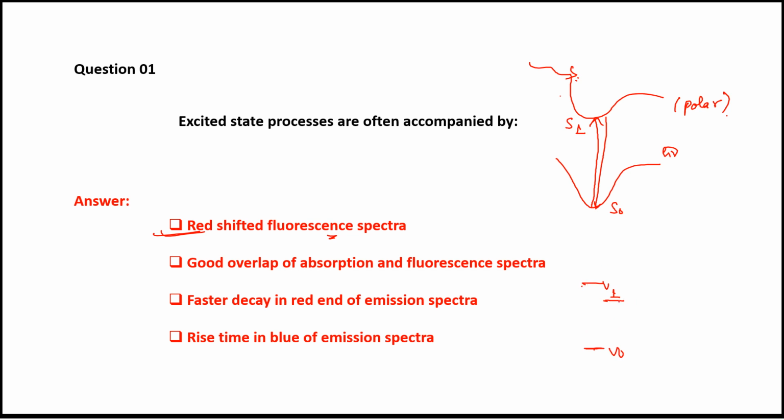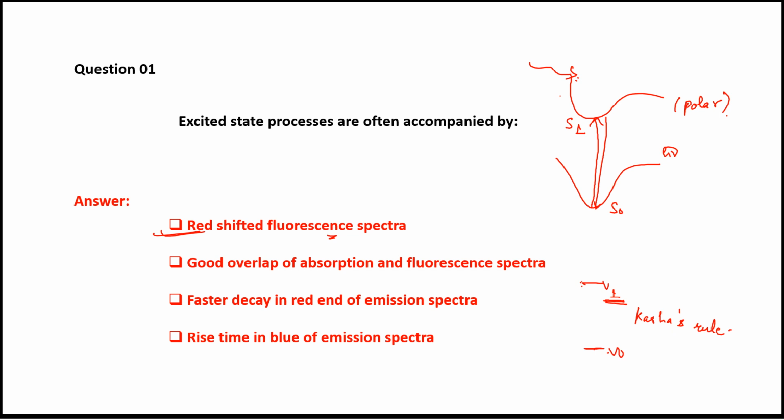Basically, the emission also occurs from the nearest excited or the first excited state to the ground state. So this is the rule followed by Kasha's rule.